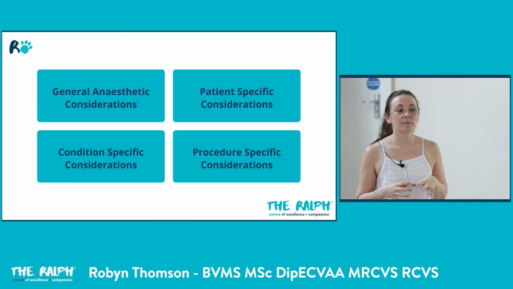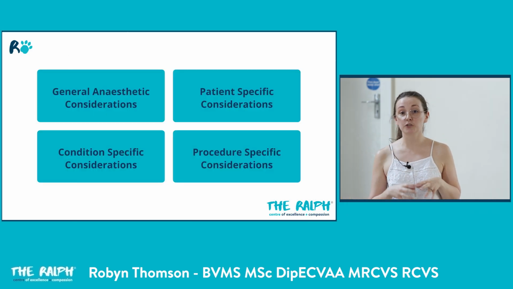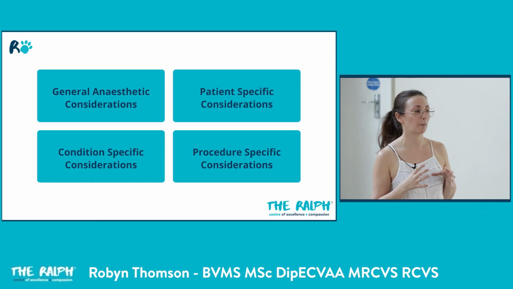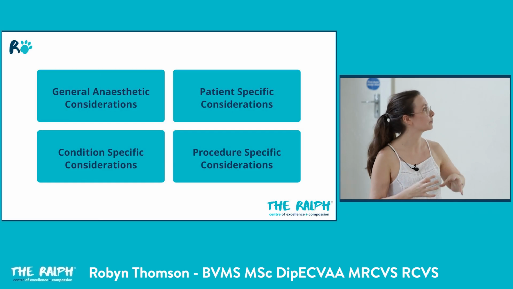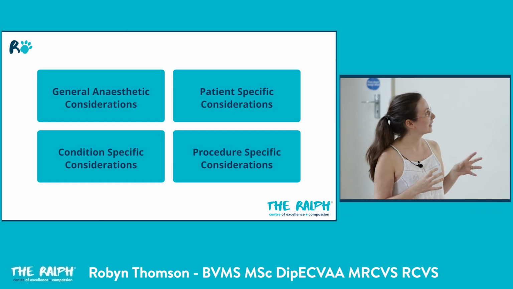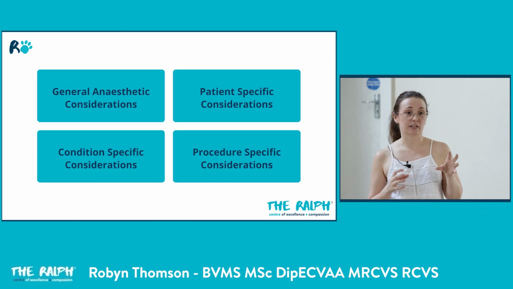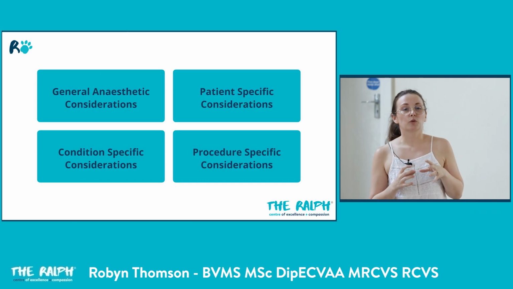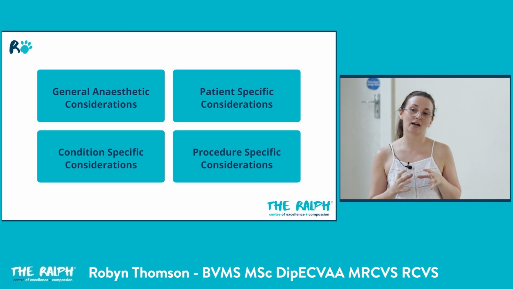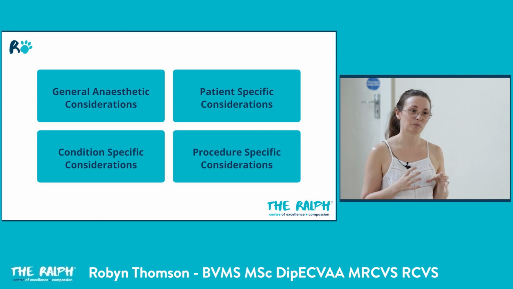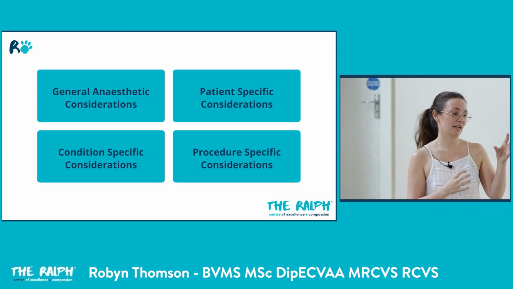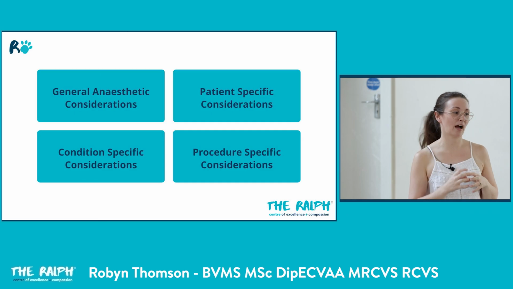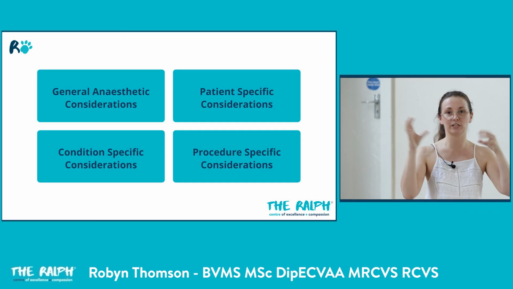So when it comes to any anaesthetic, I tend to approach it based on 4 different systems. So my general anaesthetic considerations, my patient-specific considerations, condition-specific, and then procedure-specific. Now, the way I do this is because anaesthesia to me is a bit like a puzzle, where you have a patient, they'll have a condition, they'll have a procedure, and those things can always change around.